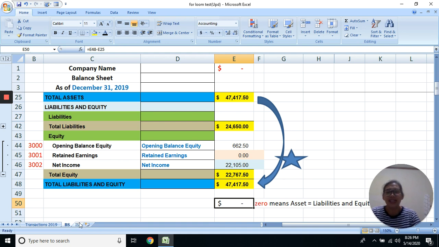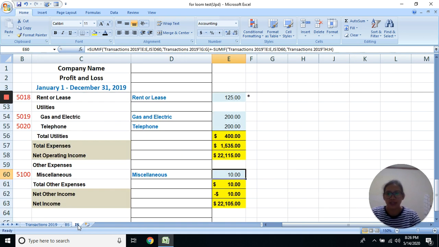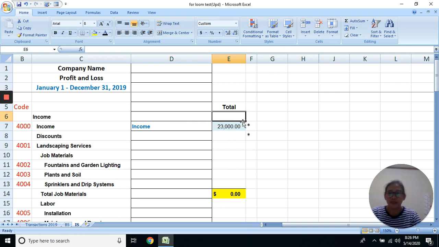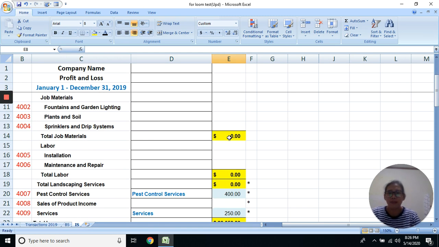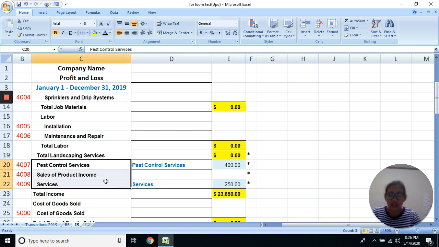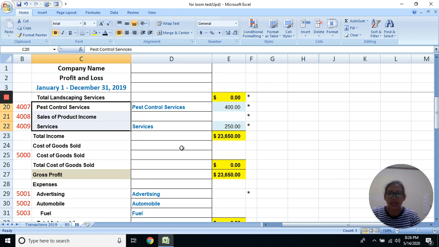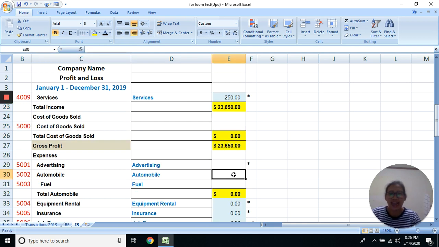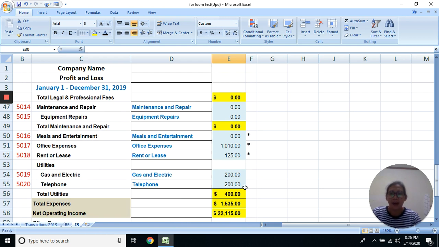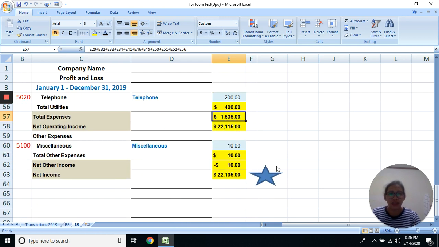So let's look at our income statement. So as per data in our income statement, our income from services, total income amounting to 23,650, less our expenses amounting to total expenses 1,535.